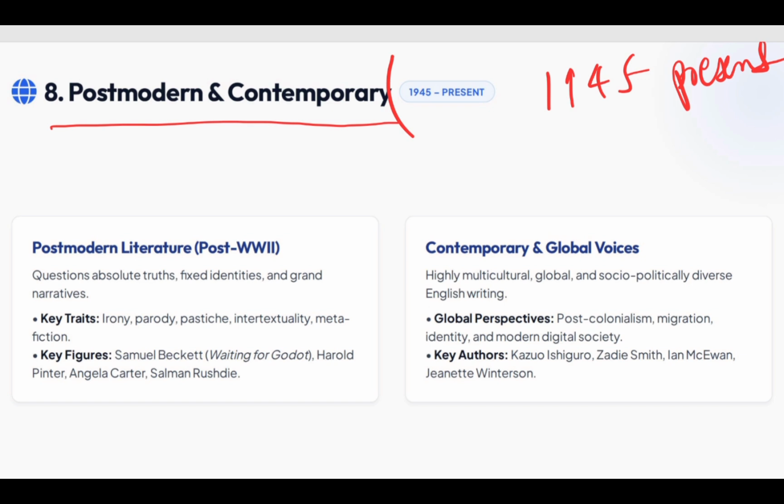I'll teach you all this in our upcoming classes. Important writers are Kazuo Ishiguro, Zadie Smith, Ian McEwan, Samuel Beckett, Harold Pinter, Salman Rushdie. Contemporary English literature has also become increasingly multicultural and global. Writers from different cultural backgrounds have contributed significantly to English literature.